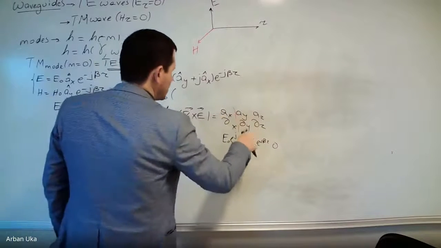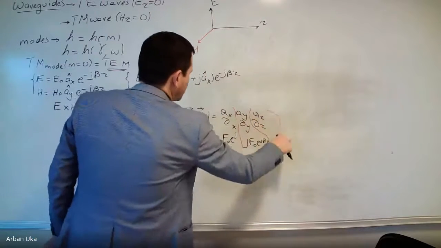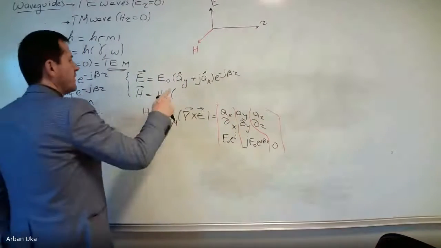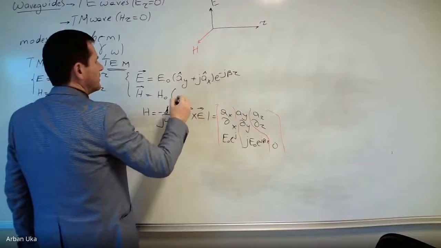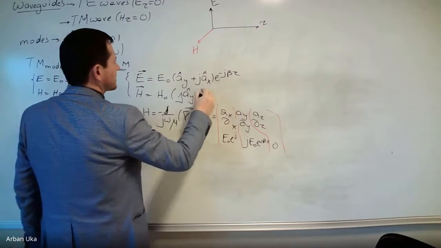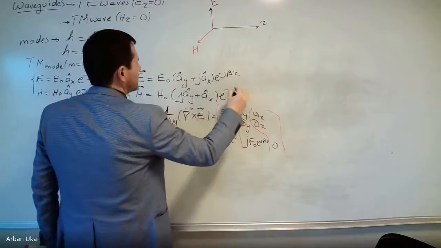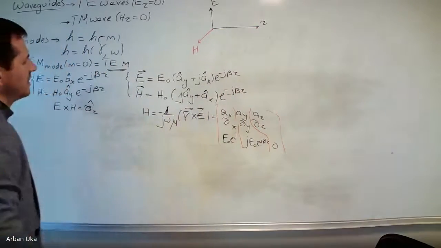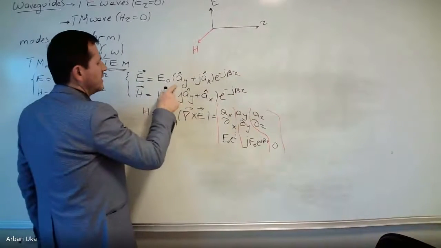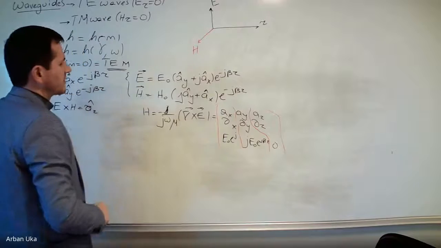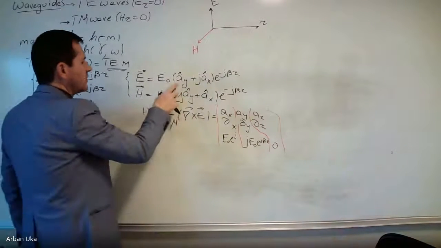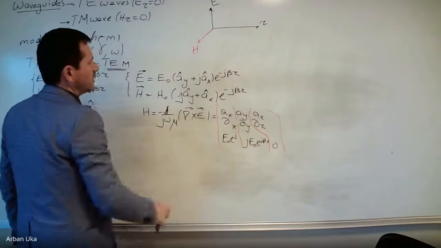If we do this, then we might expect something like this: here we would have j AY plus AX times e to the power minus j beta z. This is the case because the electric field AY is linked with the AX for H. So there will be just a shift of these components, and you can prove that this is the case.